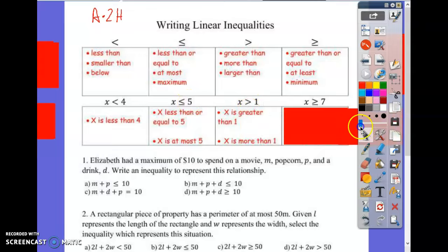Here, that would be x greater than 1 or x is more than 1, because this number has to be bigger than the number on the right side. So anything on this side would be greater than 1. So like 2, 3, 4, 5, 100. If it has a line underneath, that means it can equal to it. So x is greater than or equal to 7, or x is at least 7. Or the minimum is 7. Those are things that you can put on there.